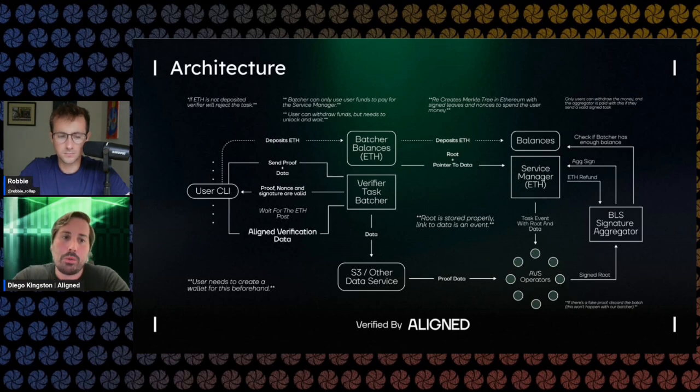And then if you want, you can keep the funds inside this account or withdraw them. So depending on the amount of proofs you want to send, you can keep your balance there or just withdraw it. And then, of course, from these fees we cover the expenses for the things we have to pay in Ethereum.